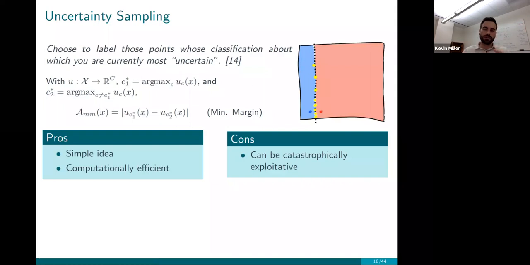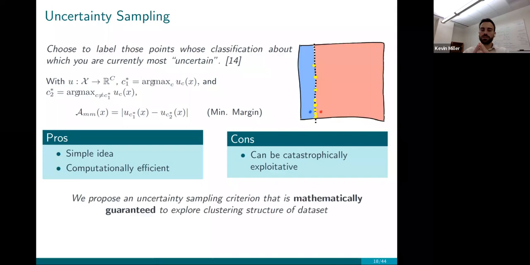And so in a sense, uncertainty sampling is the cheapest kind of acquisition function, since we already have access to the classifier and don't need to compute other auxiliary variables or quantities of interest. And so what we do is we propose an uncertainty sampling acquisition function that has mathematical guarantees about exploring the clustering structure of our data set.